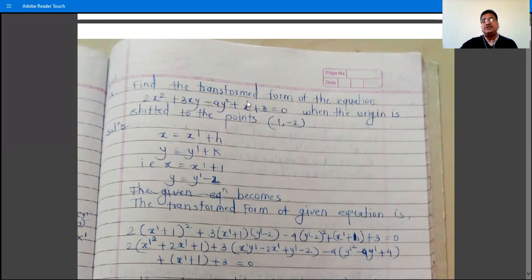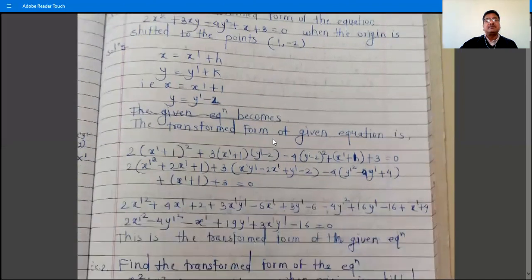This equation changed because the origin is shifted, so we have to find the new form of this same curve. What is the question? Find the transformed form or new form of this equation when the origin is shifted. This is the equation of the curve with respect to the old system, and we have to find the equation of the same curve with respect to the new system.